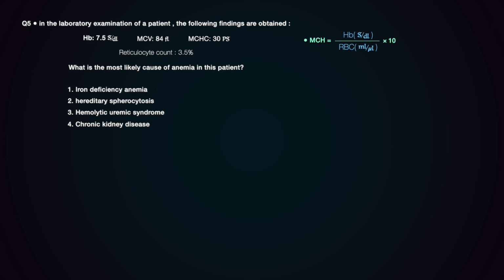MCH, or mean corpuscular hemoglobin, shows the hemoglobin content in an individual RBC. MCHC, or mean corpuscular hemoglobin concentration, shows the average hemoglobin concentration in the RBC population. These two parameters represent the hemoglobin concentration.